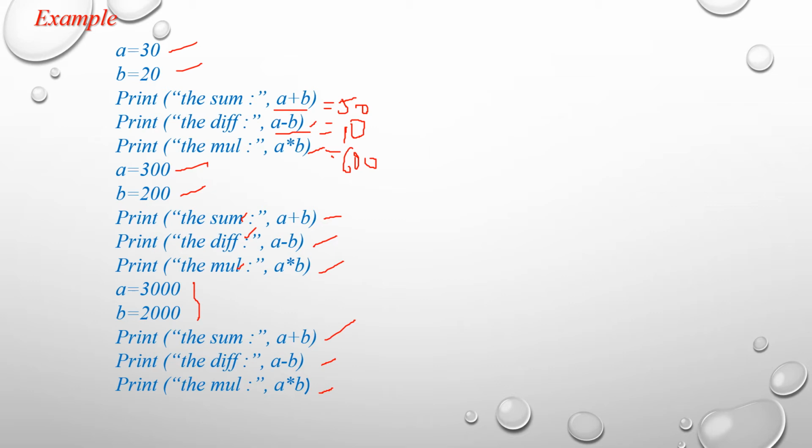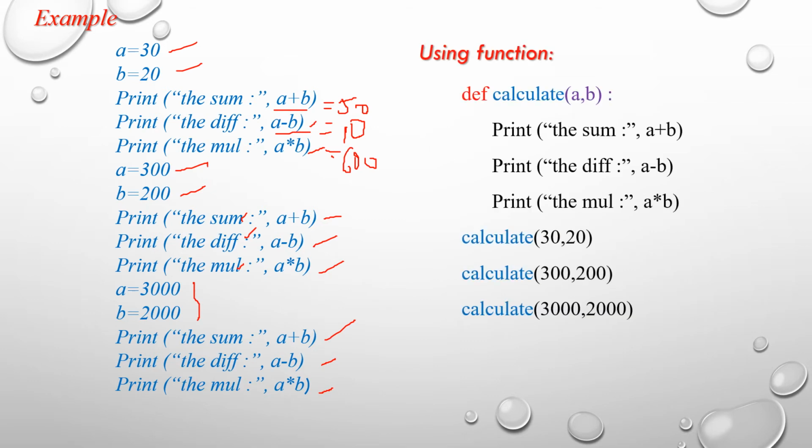Now we are going to write the same program with functions. Here we declare a function. The def is the keyword, calculate is the function name, and the arguments are a and b.